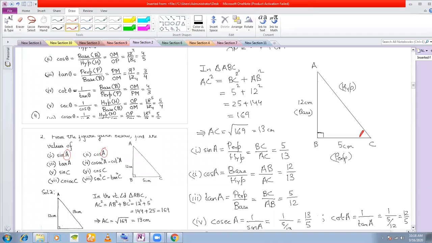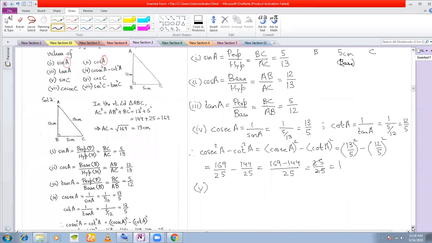This angle becomes theta when I am talking about sine C. So what happens is that this becomes my perpendicular, and this becomes my base. Now we shall proceed to calculate sine C because I know the length of the sides.